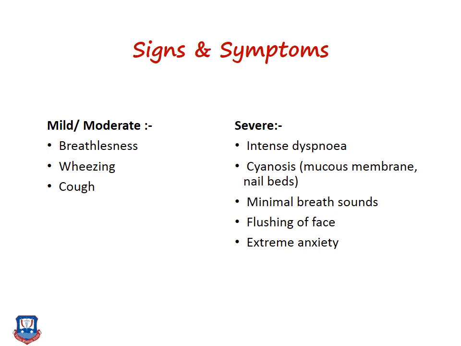In the mild or moderate types we have breathlessness, wheezing, coughing, while in severe cases the child might have intense dyspnea, that is difficulty in breathing or shortness of breath, cyanosis of the mucous membrane and the nail beds because of the reduced amount of oxygen reaching them, then minimal breath sounds, flushing of the face, and extreme anxiety of patients.